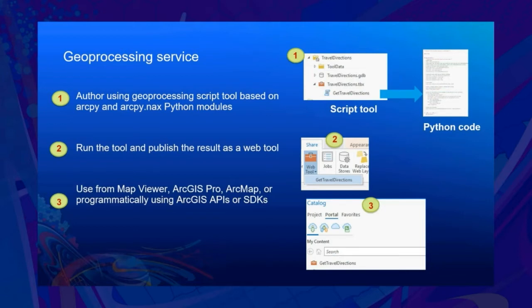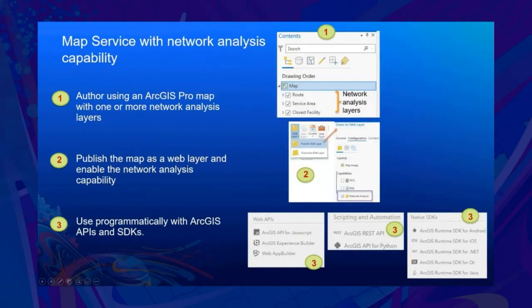Publishing the web tool gives you a geoprocessing service that you can then share with others in your enterprise and start using the services from out-of-the-box applications such as ArcGIS Pro or MapViewer, or programmatically from your own applications created using ArcGIS APIs and SDKs. So to recap the three steps, you author a geoprocessing script tool, publish the tool as a service, and then use it from applications.